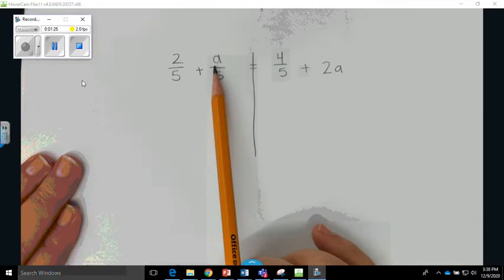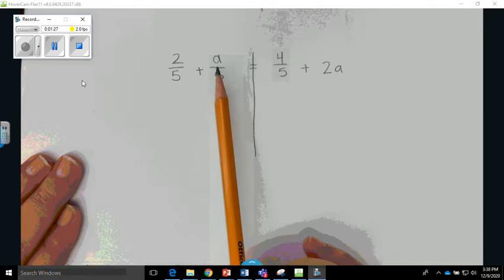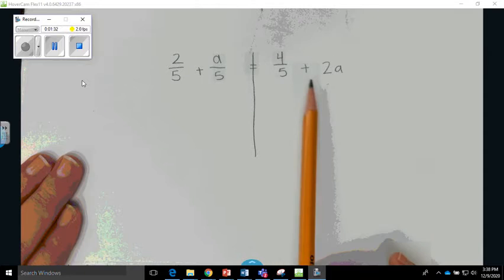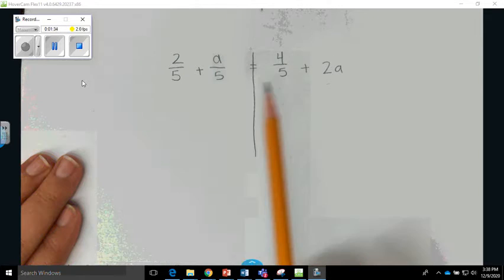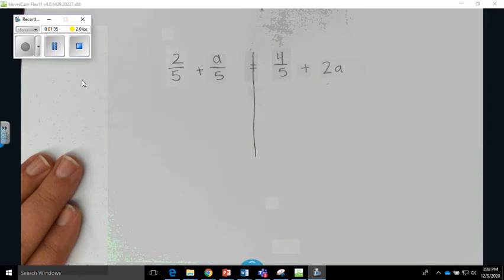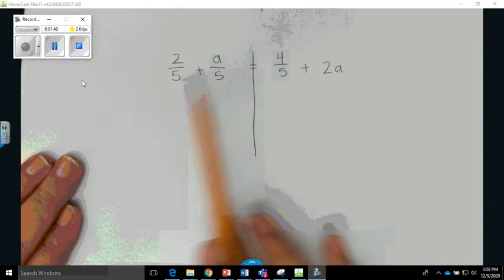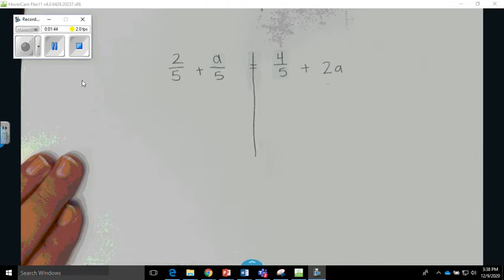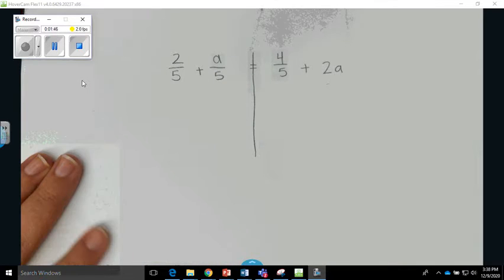I'm going to do it here. And what I do to one side, I must do to the other. And because I don't know which one I would choose to multiply it by, I'm just going to do it to everything, because when you have an equation, you can do anything as long as it's balanced. So we're going to get rid of that divided by 5 by multiplying everything by 5.